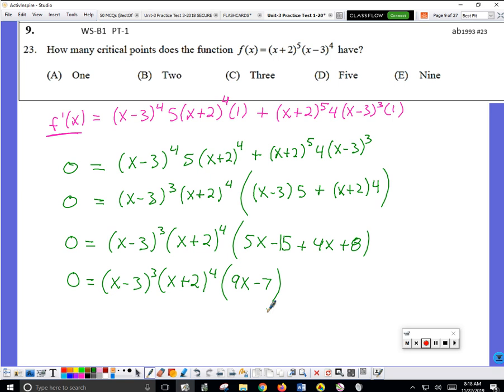Who knows the goal? Come on. So what is the goal of the problem? And how do we find the critical points of that?